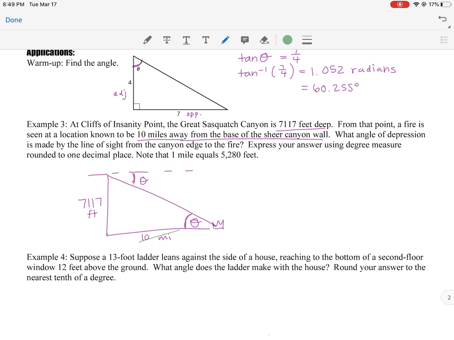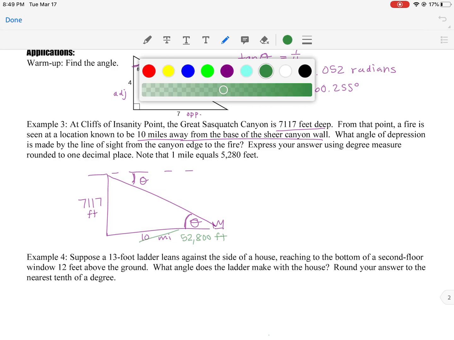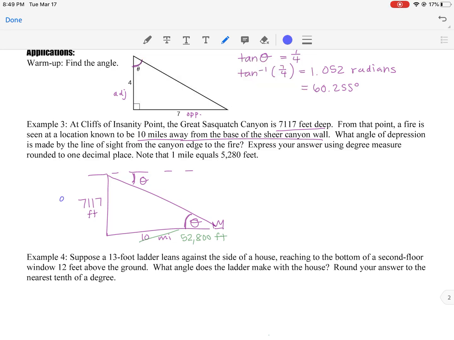So if you think about taking 10 times 5,280, we'd have 52,800 feet as the base. So now you just got to ask yourself, well, which trig function is this? Well, we've got our opposite side and we've got our adjacent side. So we're going to go ahead and do tangent. Tangent, in this case, since we're finding the angle, inverse, is 7,117 over 52,800.